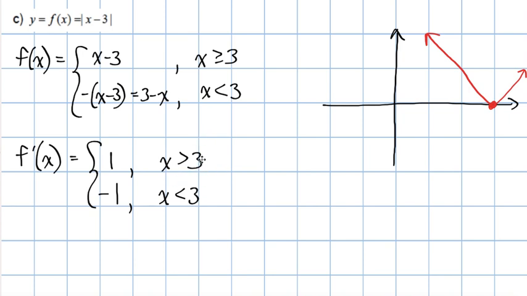We're going to figure that out. We can see from the graph that it's not going to be differentiable at 3 because it's going to have that infinite slope, or we can also call this a corner point. So we can see from the graph that it's not going to be differentiable because it creates that corner there, or the infinite slope.